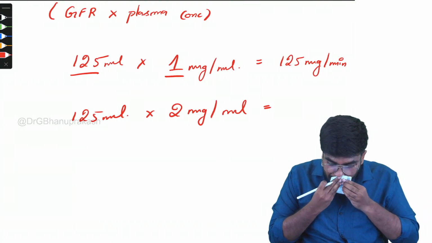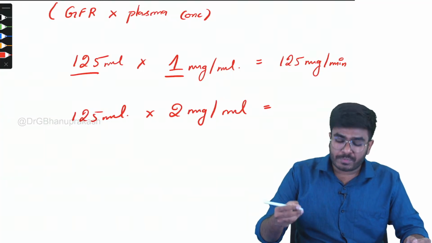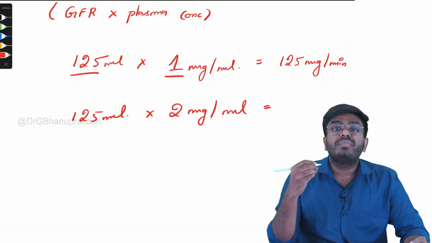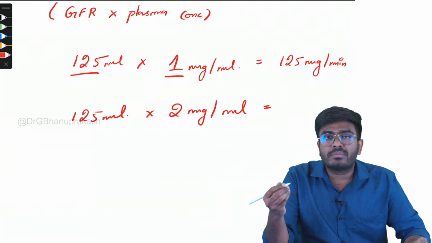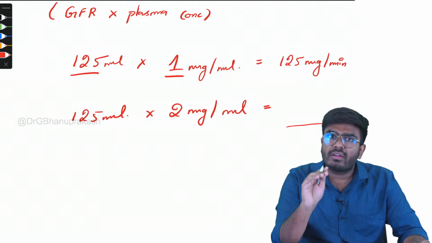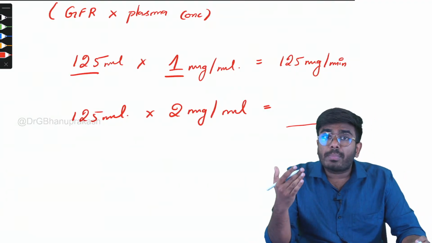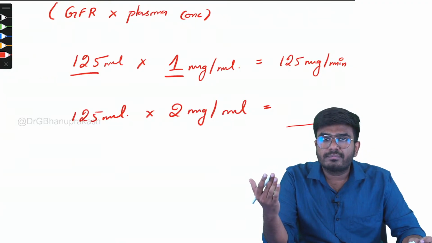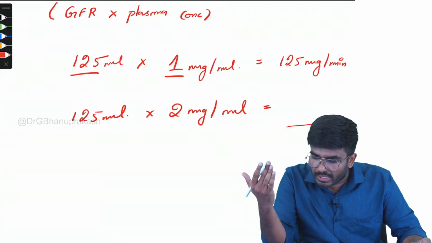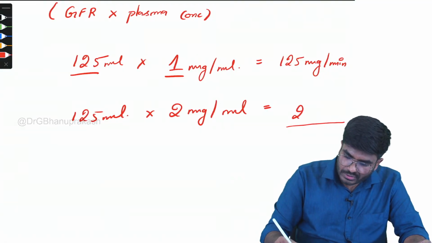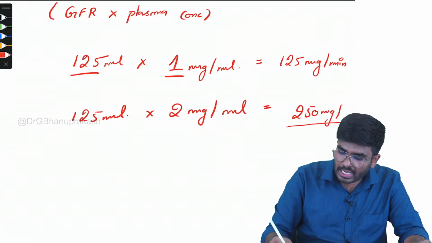So 125 into 2 milligrams per ml. How much will it become? Just tell me what the filtered load is. GFR is constant, 125, and the plasma concentration is 2. It will become 250, yes, 250 milligrams per minute.